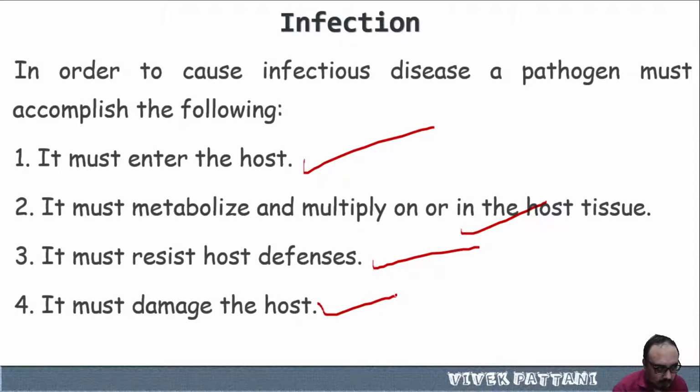Salmonella needs to enter the body, especially the digestive system, whereas in skin infections, a fungus does not need to enter the body; it colonizes the skin itself.